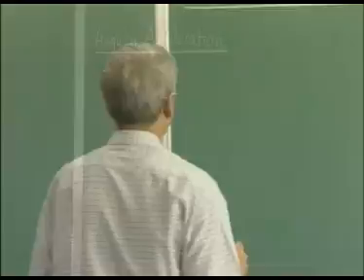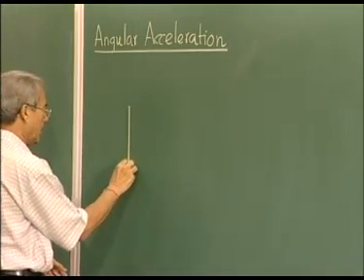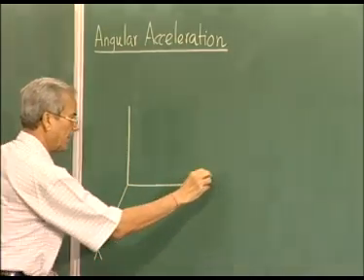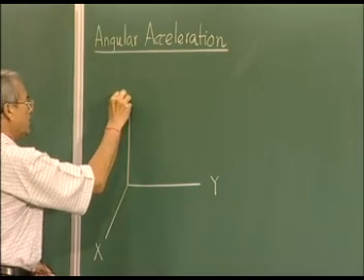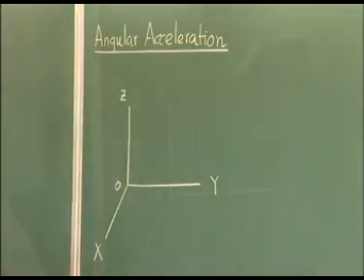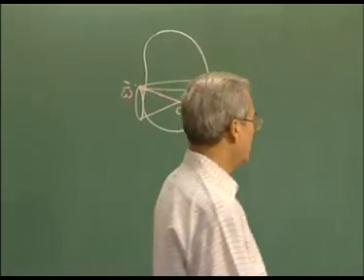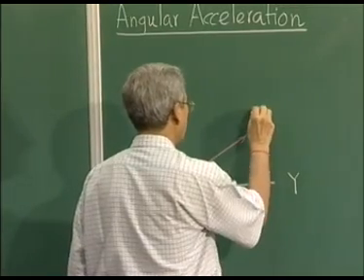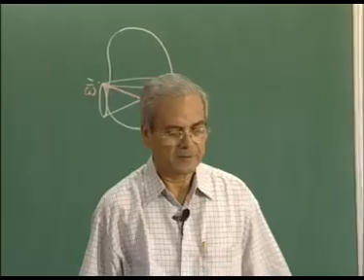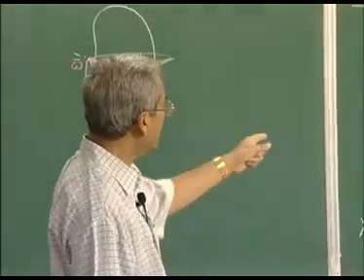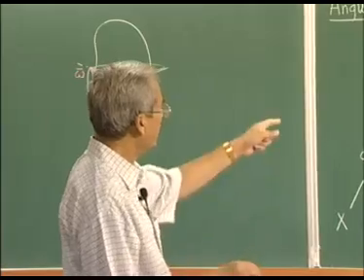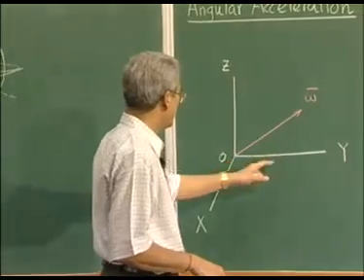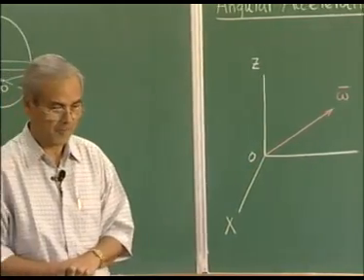We should define it a bit more clearly: if we have a frame of reference X, Y, Z which is fixed in space, and if this be the angular velocity vector at an instant, then angular acceleration is the rate of change of angular velocity omega with time as observed by an observer fixed in this fixed frame of reference.